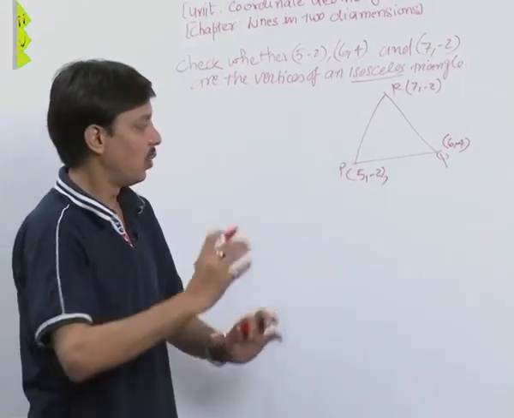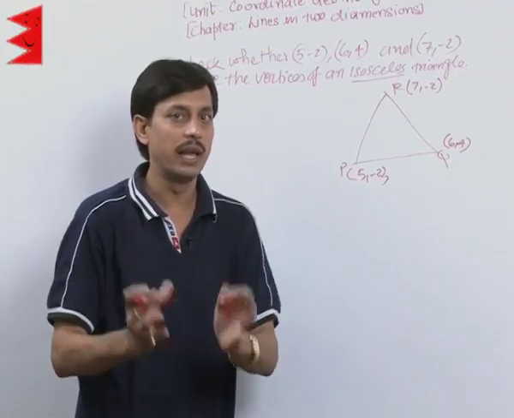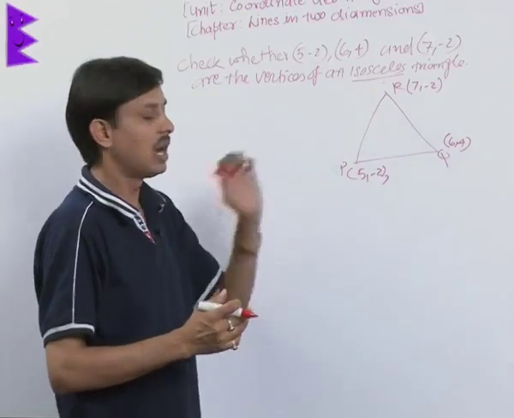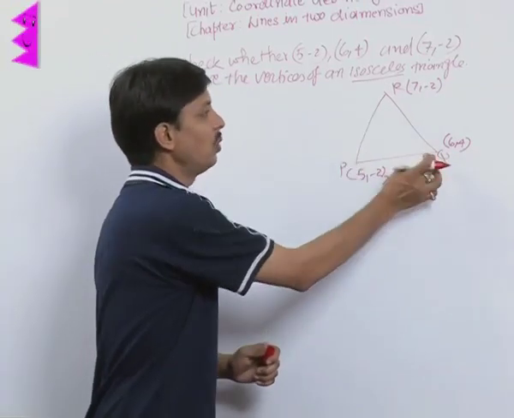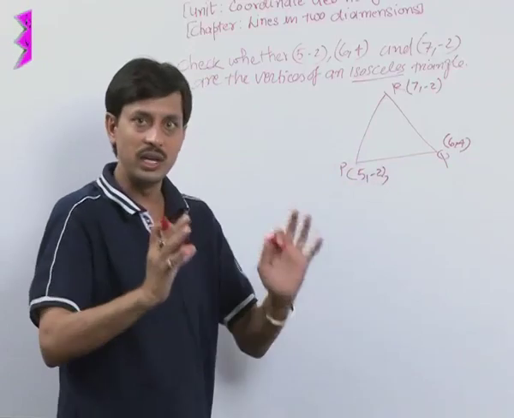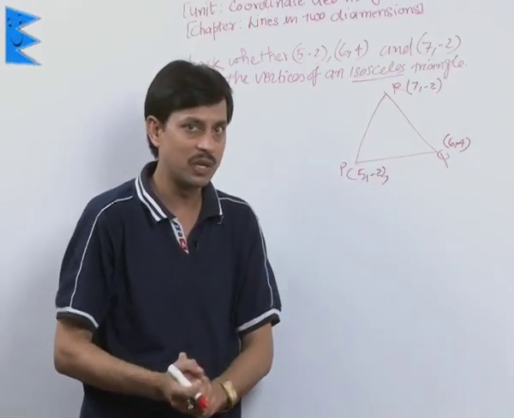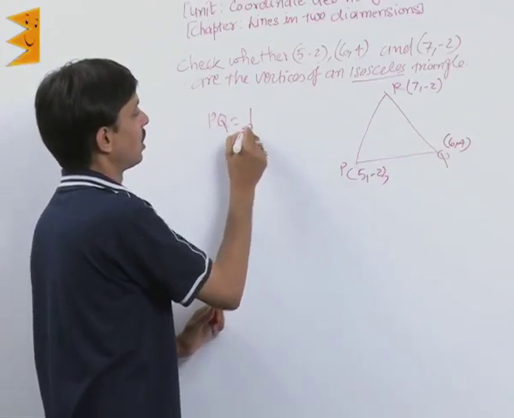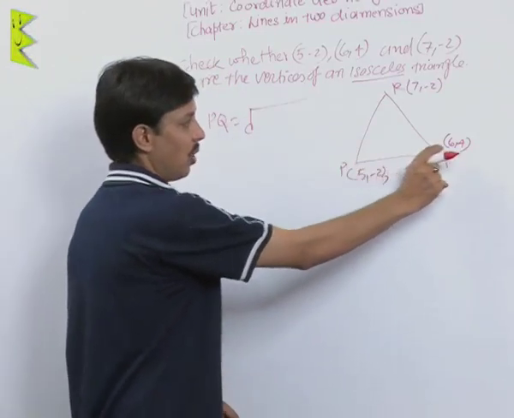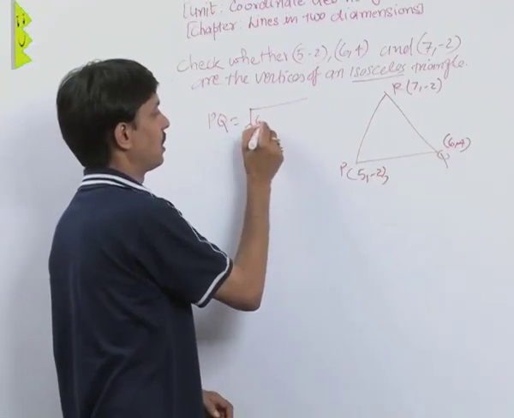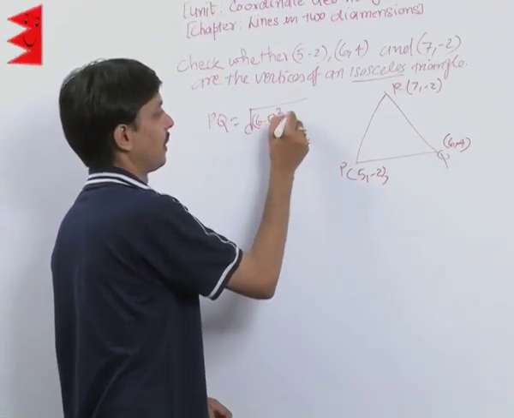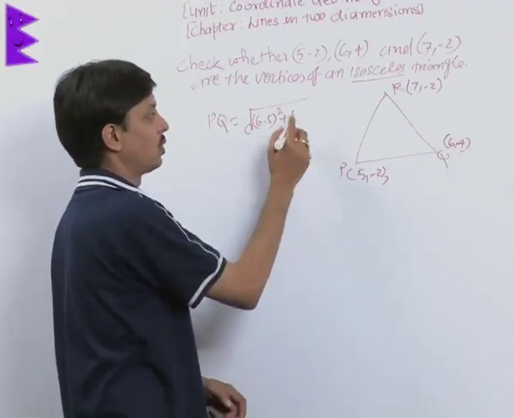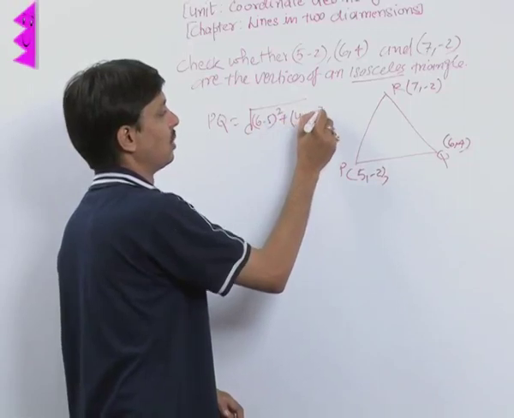To check it, we will calculate all 3 lengths PQ, QR and RP. All 3 distances will be calculated with the help of the distance formula. So if we calculate PQ, the length PQ is the square root of (x2 minus x1) whole square, that is (6 minus 5) whole square, plus (y2 minus y1), that is (4 plus 2) whole square.